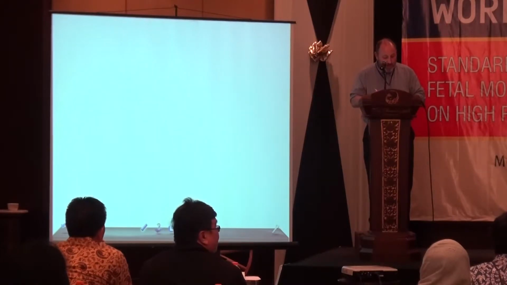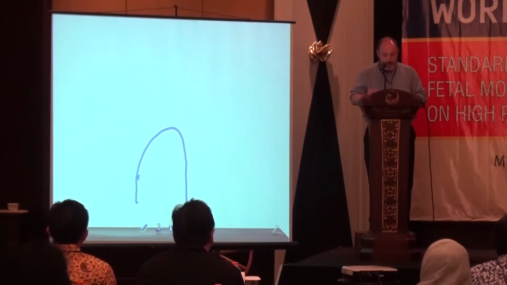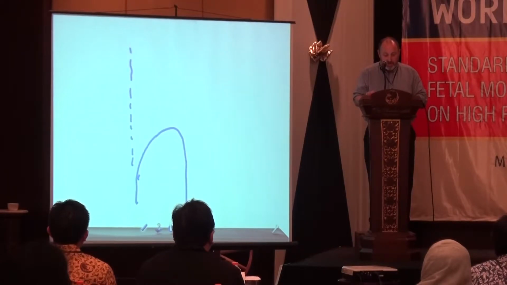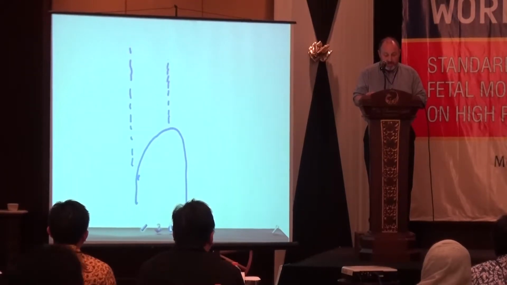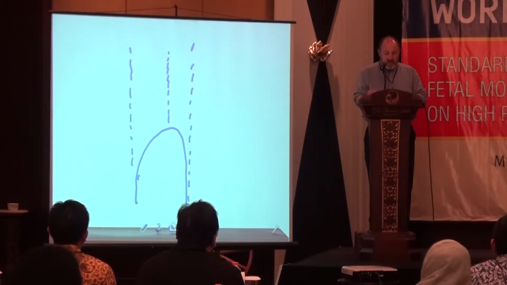So with an early deceleration, if you have a contraction here and you draw some imaginary lines, that's the onset of the contraction. This is the peak of the contraction, allowing for a lot of artistic license. I'm not a very good drawer. And this is the end of the contraction. An early deceleration has a gradual onset and a gradual recovery.